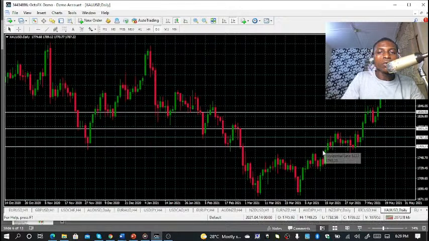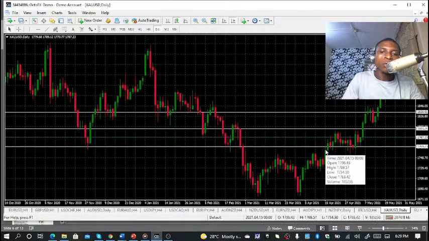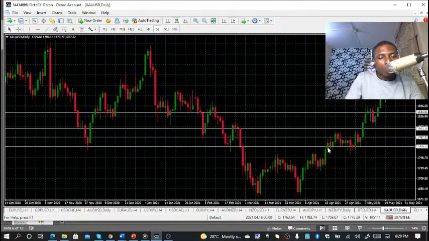So we want to look at it. Would this level of support turned resistance resist the price from going up, or would it push it back down? So we saw that the next candle opened and it moved up, out of this resistance level.